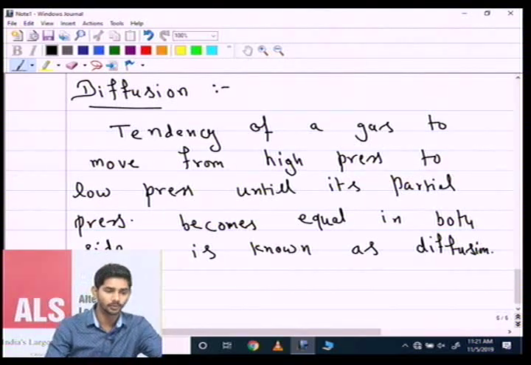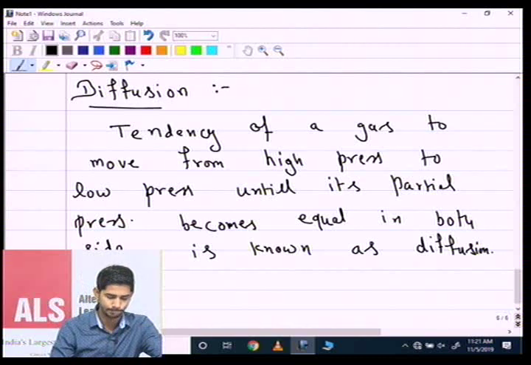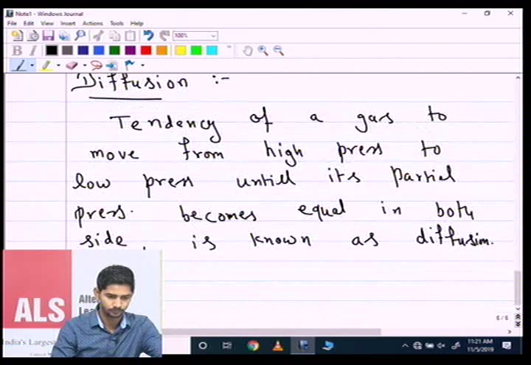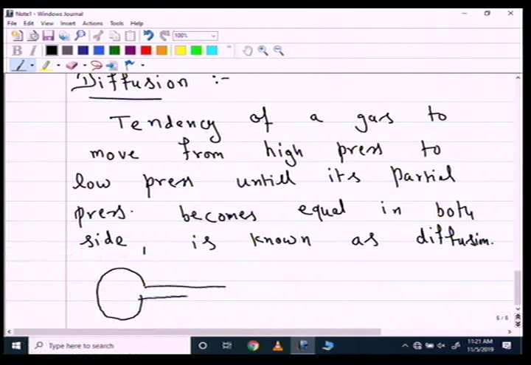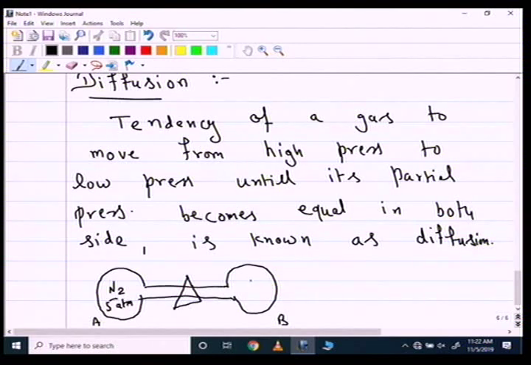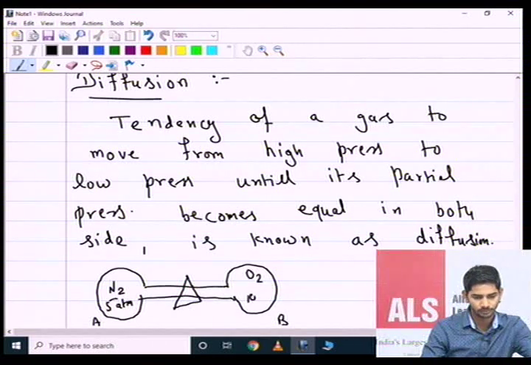Let's take an example. Look at this. We have got N2. This is bulb A, this is bulb B. Pressure is 5 atm. This is O2, pressure is 10 atm.